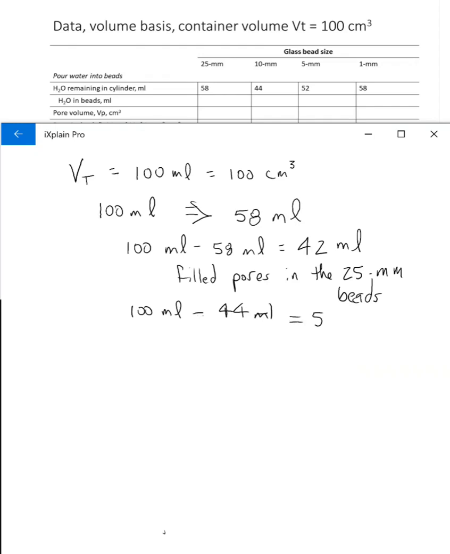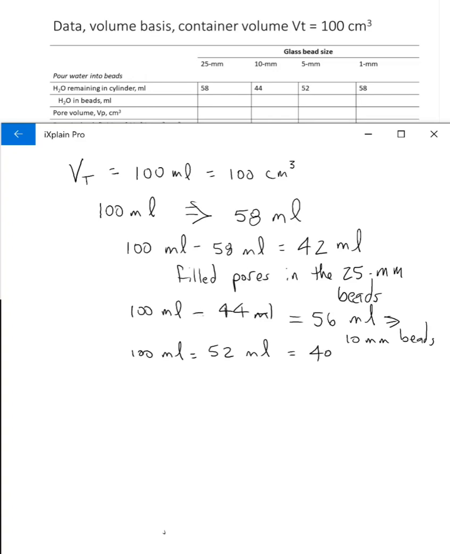We end up with 56 milliliters of water in the 10 millimeter beads. 100 milliliters minus 52 milliliters.